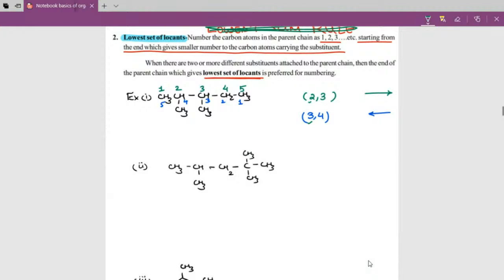But in case it is not, you move to the next number, compare the third or the fourth or the fifth, whatever it may be, you just continuously move on, compare the sets, and at the first point of difference you acknowledge, the set having the lower number is the correct set; reject the other. Is that okay?